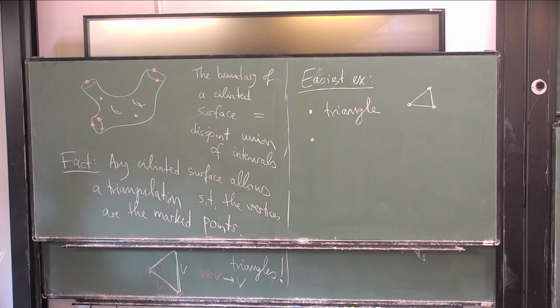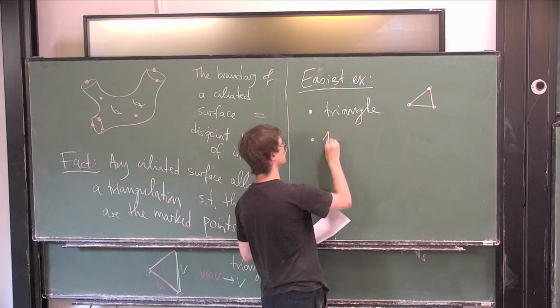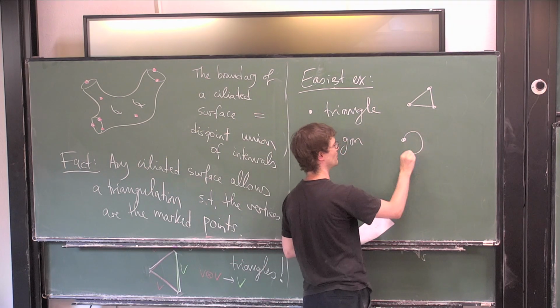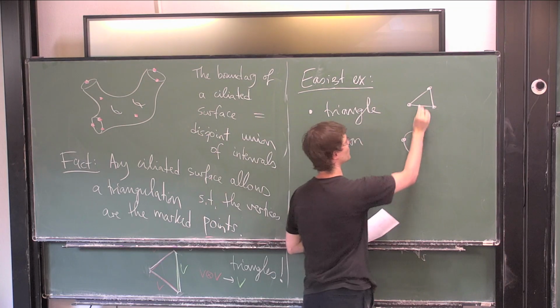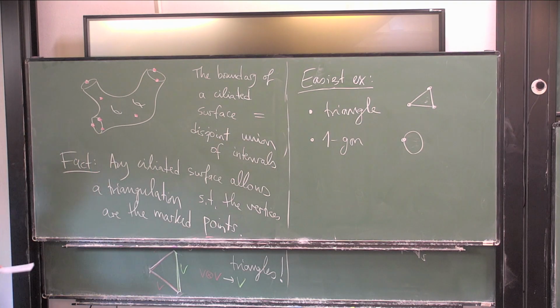It kind of seems strange because we build things from triangles. How can there be something easier? We can have the one-gon, which is simply one marked point. It is also two-dimensional. How do you get this from a triangle?